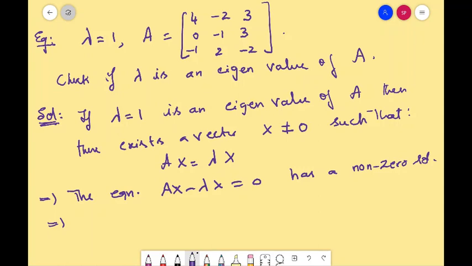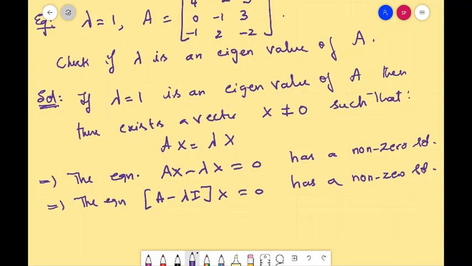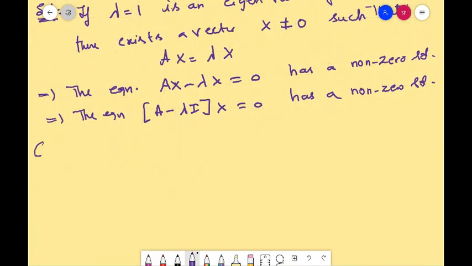That implies the equation A minus lambda I into x is equal to 0 has a non-zero solution. So if it has to be an eigenvalue, it must have a non-zero solution. So consider A minus lambda I.